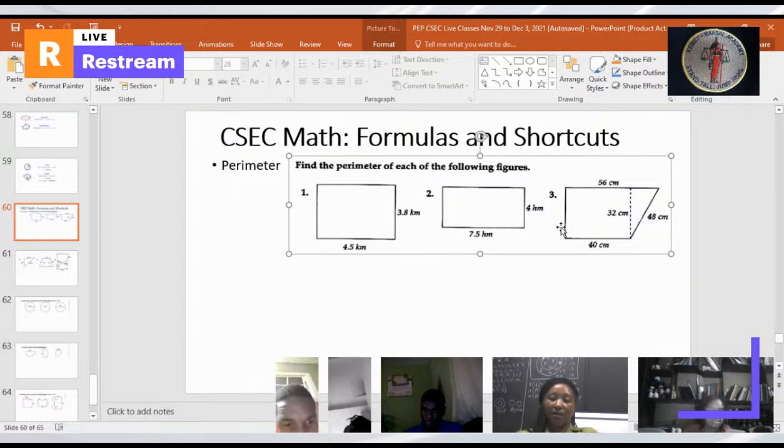Miss, I got 1,536 centimeters. Miss, I have to write down that figure. 1,536. Tell me how you got that as a perimeter.